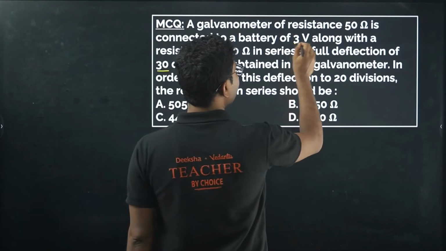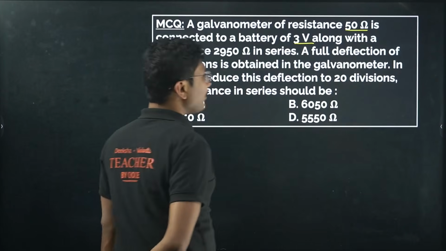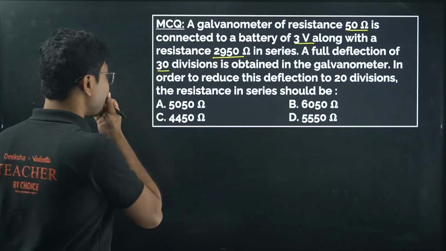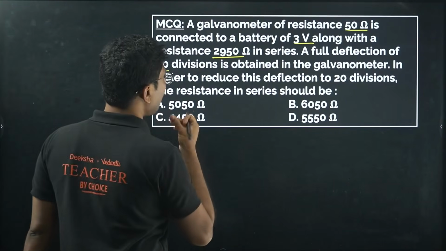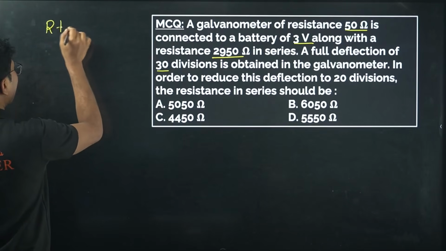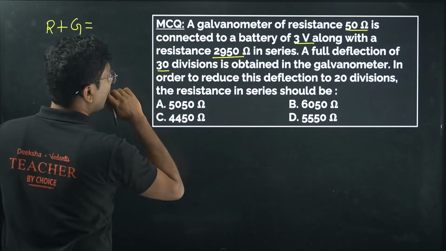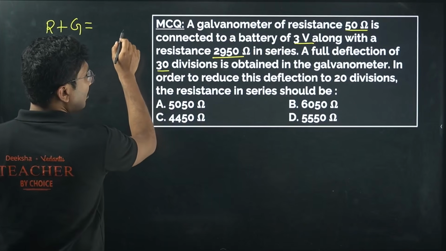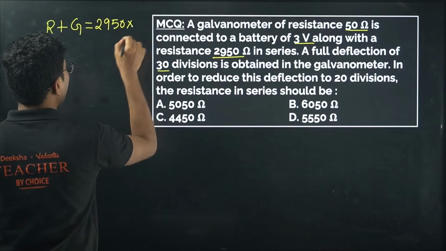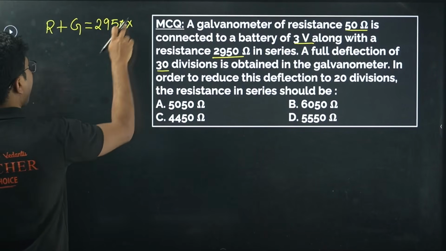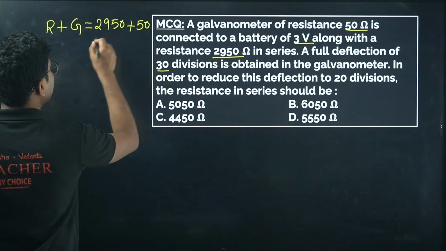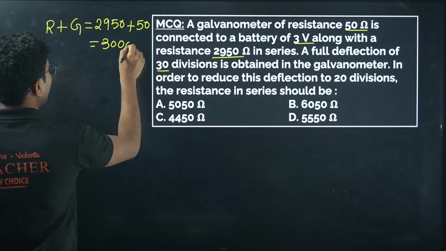So when the voltage is 3 volt, the resistance of the galvanometer is 50 ohm and external resistance is 2950. So what is the total resistance of the galvanometer? Total resistance is R plus G, that is 2950 plus 50, that is 3000 ohm.